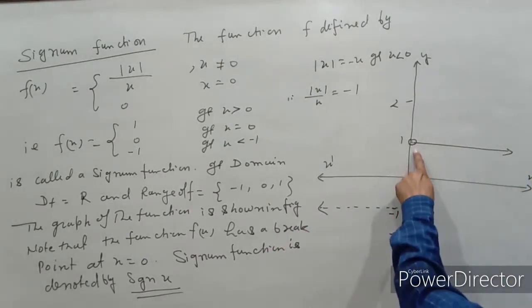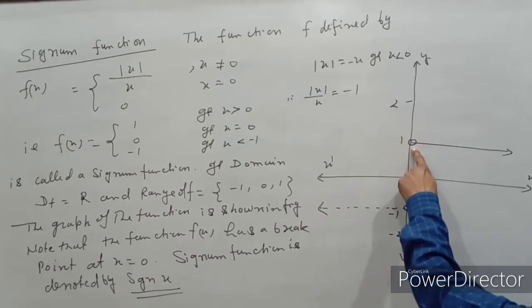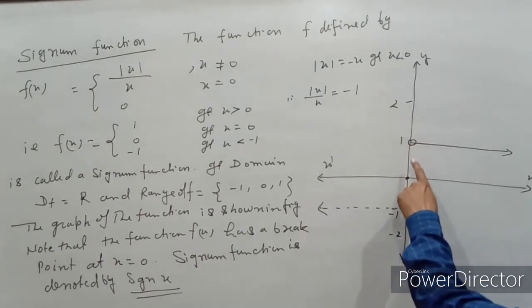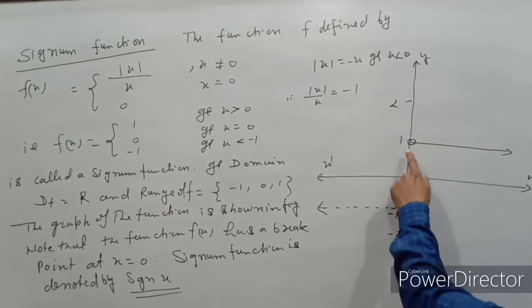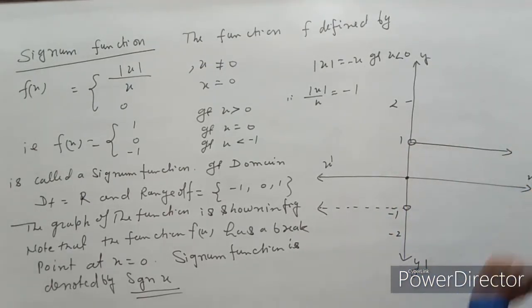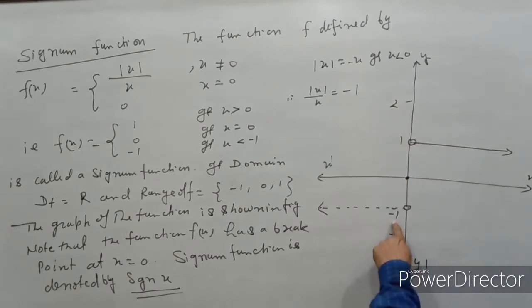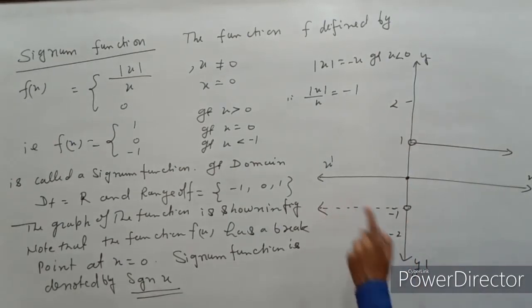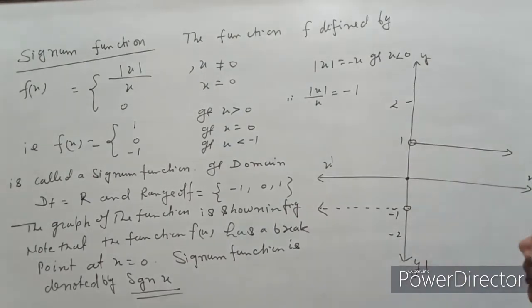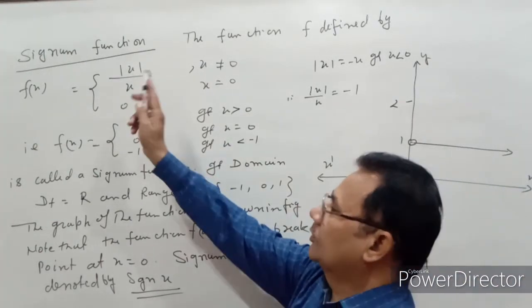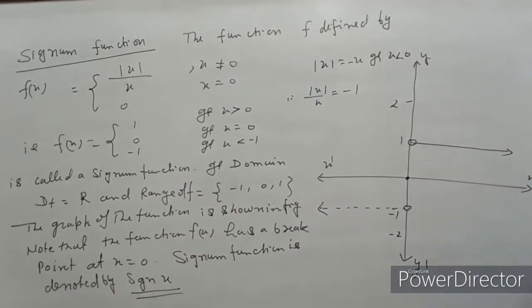देखिए, here यहाँ पर हमने x is equal to 1 is not included. x goes from 1 to infinity आपका, और यहाँ पर आपका x is equal to minus 1 up to minus infinity, but x is equal to 0 is not included because at x is equal to 0 the function is not defined.